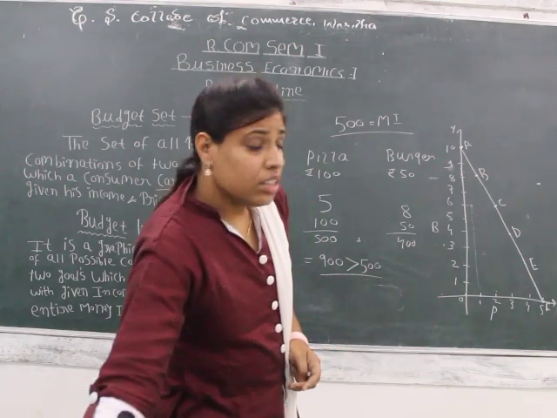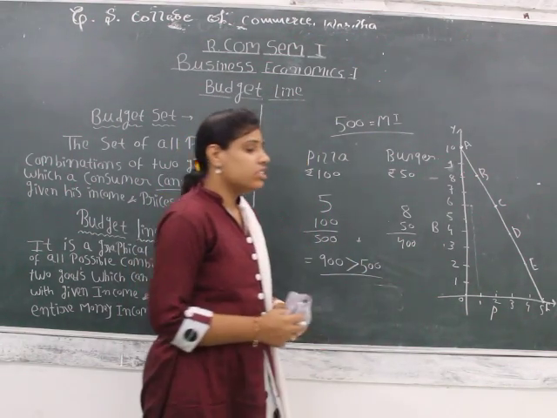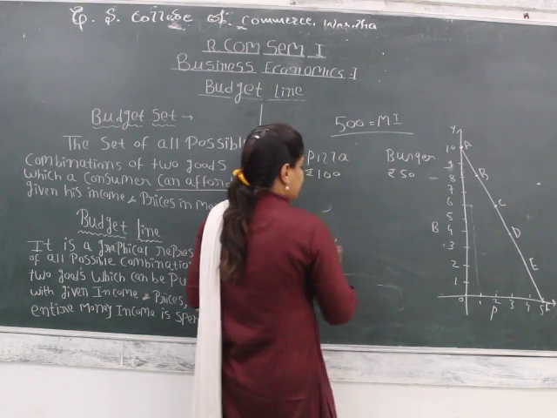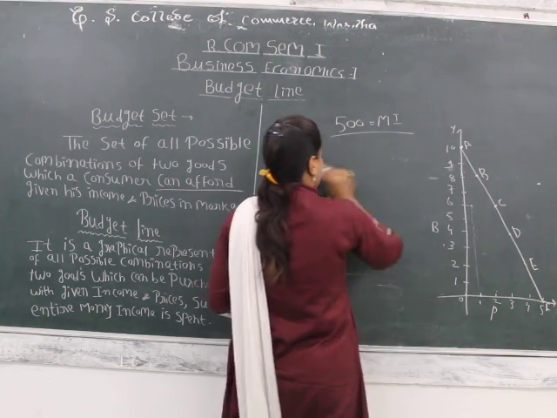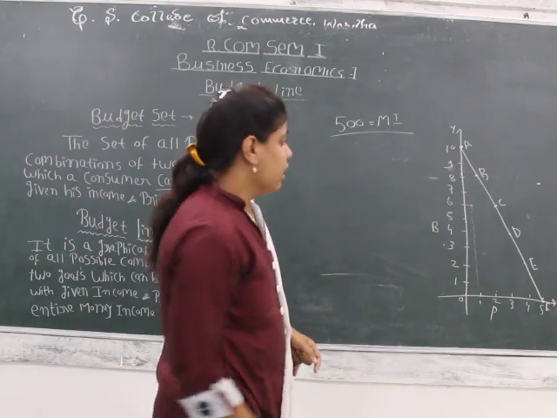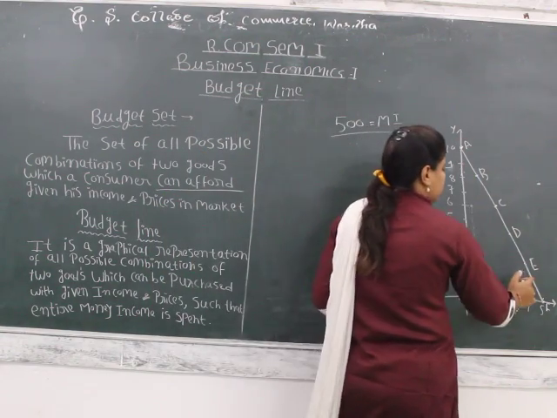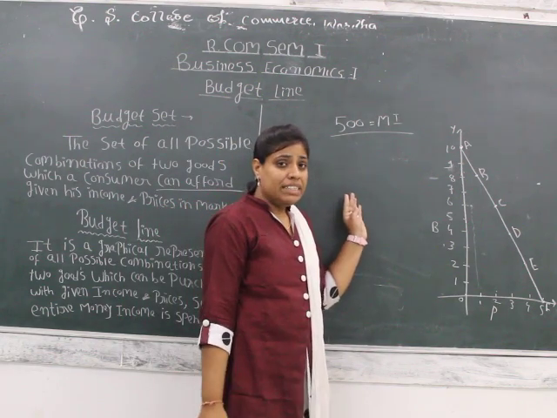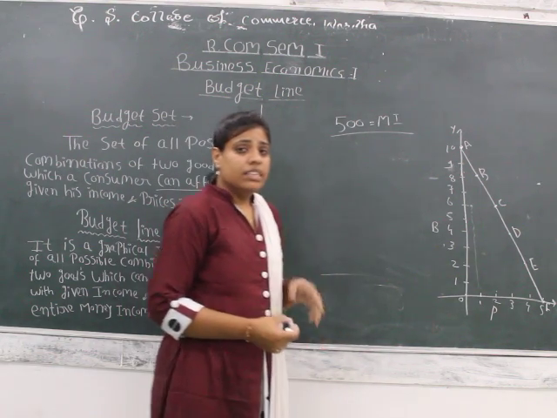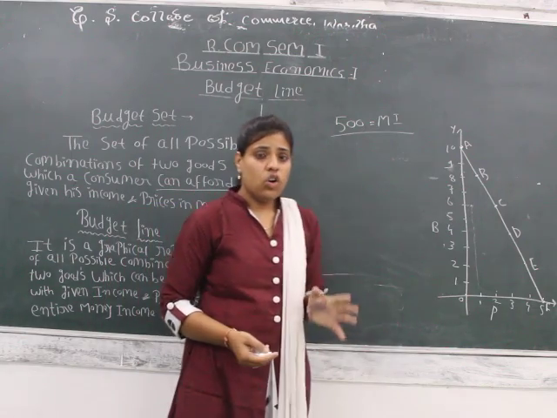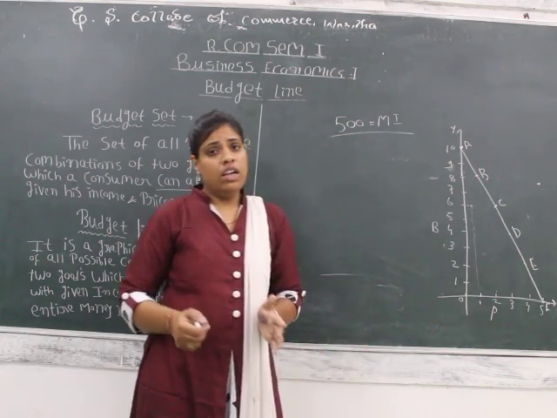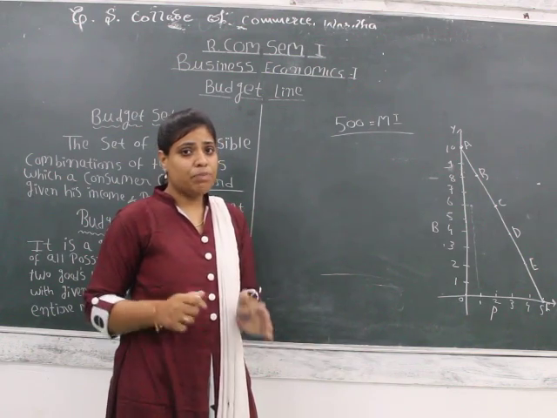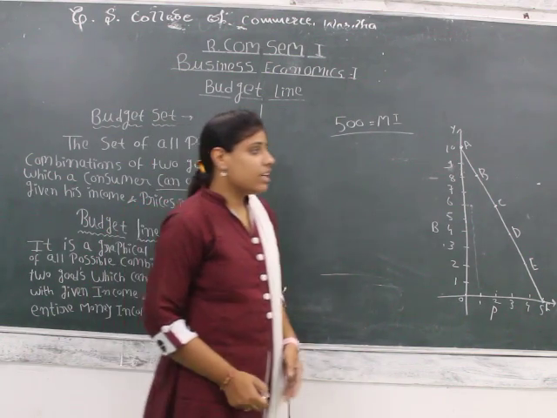Combinations lying above the budget line are not affordable for the consumer because the expenditure the consumer needs to spend on that combination is above his budget. So for buying any combination lying on the budget line, the consumer will spend his entire money income. Therefore, the budget line is a line on which different combinations are plotted which can be bought by spending his entire money income.